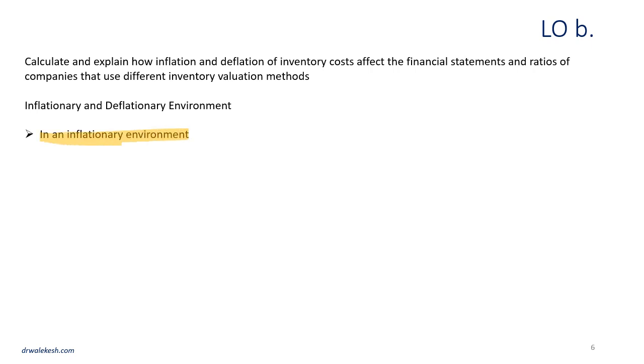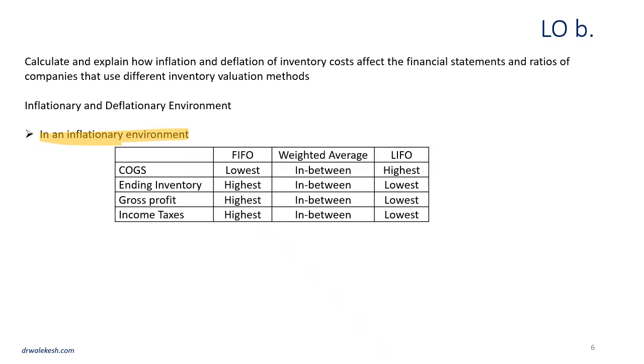In an inflationary environment, as I said on the previous slide, cost of goods sold is lowest under FIFO, but it is highest under LIFO. Ending inventory is highest under FIFO, but lowest under LIFO. Gross profit is highest under FIFO, but lowest under LIFO.